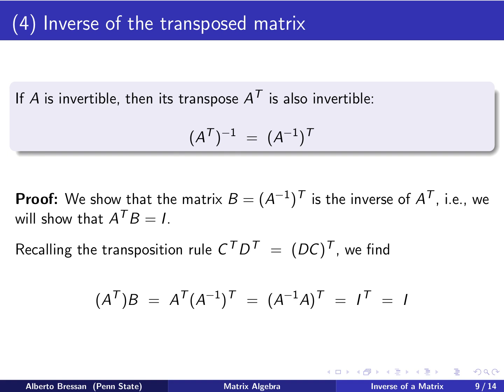And now we use the transposition rule, which is written here, where the C will be my A and the D will be my A inverse. Okay, so then it becomes DC, which means A inverse A and transpose. And A inverse times A is identity. So I have identity transpose, which is still the identity because the identity is a symmetric matrix. Okay, and that is exactly what we wish to prove.